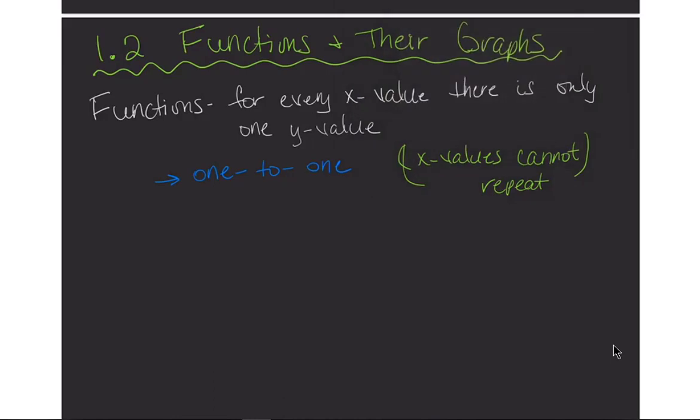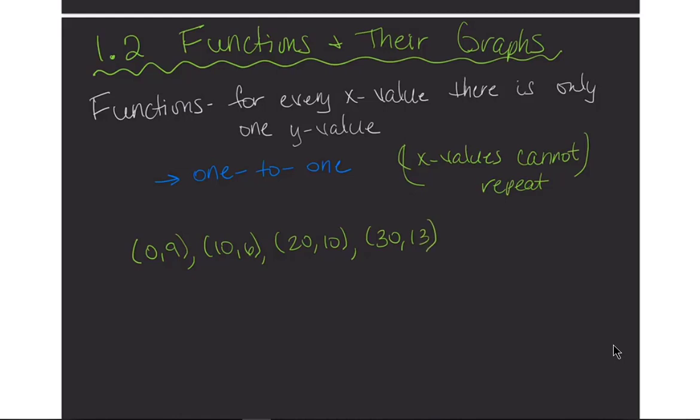So if I give you some points, we know a point is an xy coordinate, right? So if I gave you the points, I'm just making these up, (0, 9), (10, 6), (20, 10), and (30, 13).